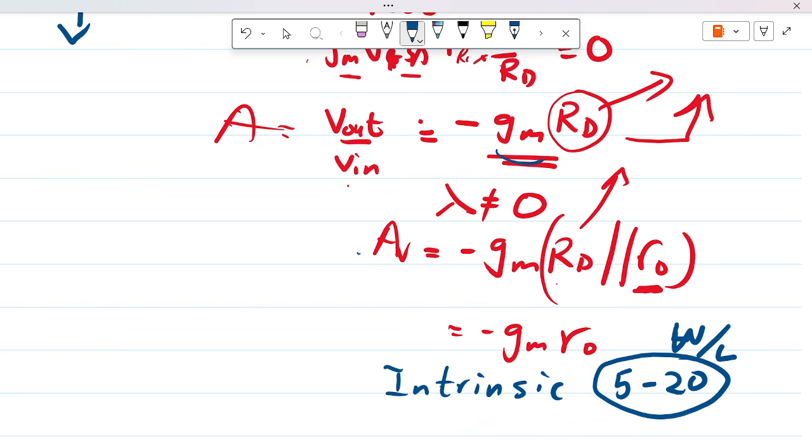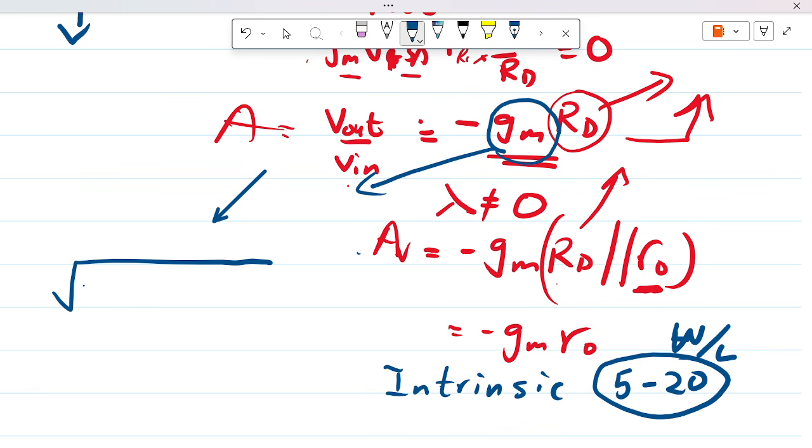That is one thing we need to also mention. We could also attempt to increase the value of the gain by increasing gm. Now gm has different equations, so let's just look at this one, which says gm equals the square root of 2 times Cox W over L times ID. Just hope I got that right.